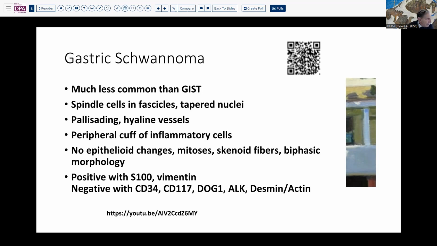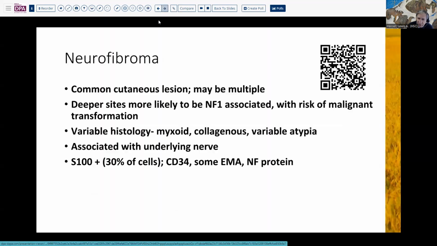So we'll finish up this section by looking at another nerve-related tumor, and that's the neurofibroma. This tends to be almost exclusively, or at least in the most common form, a cutaneous lesion, where it may be multiple and so forth.